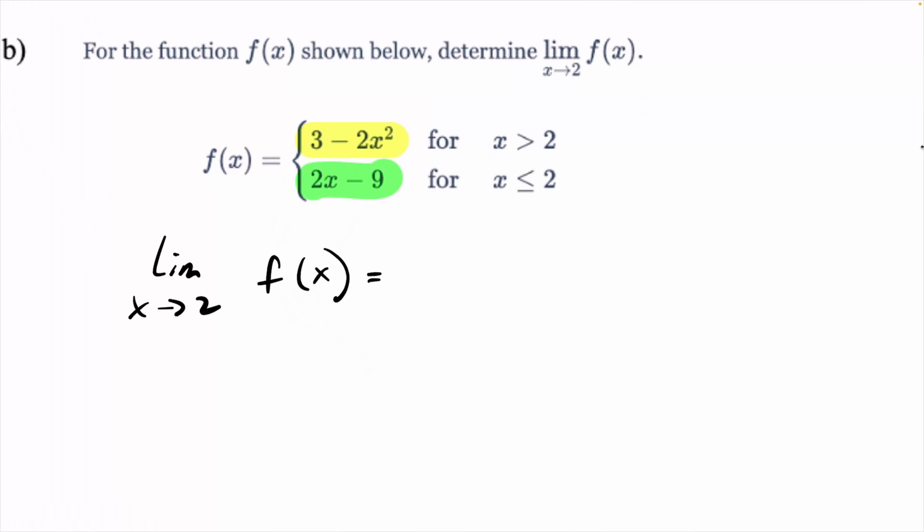What's my first method I always want to try? Plug it in. You plug the 2 into green. Why green? Because it's equal. Equal or smaller than 2. So let's plug in 2 to green.